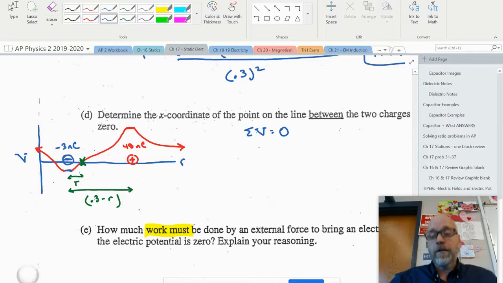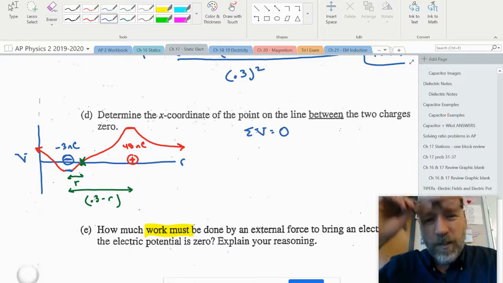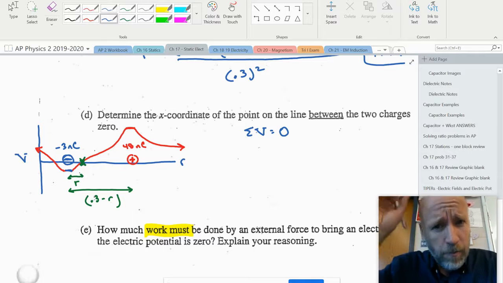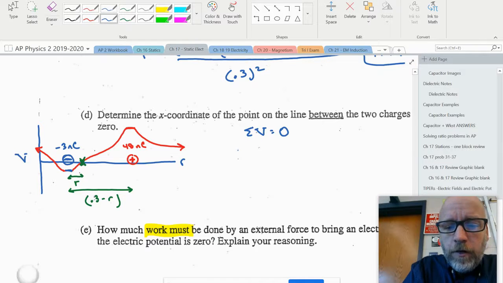Now okay, wake up. Potential is a scalar. So because it's a scalar, all I have to do is include the signs and add them up. That symbol right there, sum of, just means add them up. So I'm going to write it as plus V1 plus V2 equals 0. So kQ1 over R1 plus kQ2 over R2.